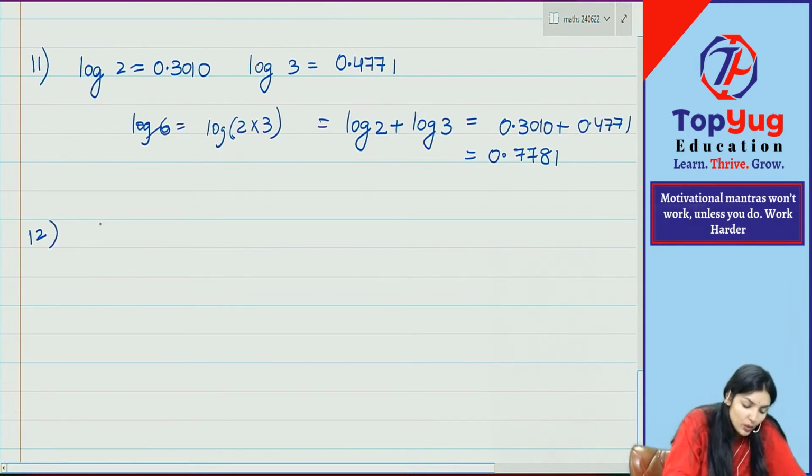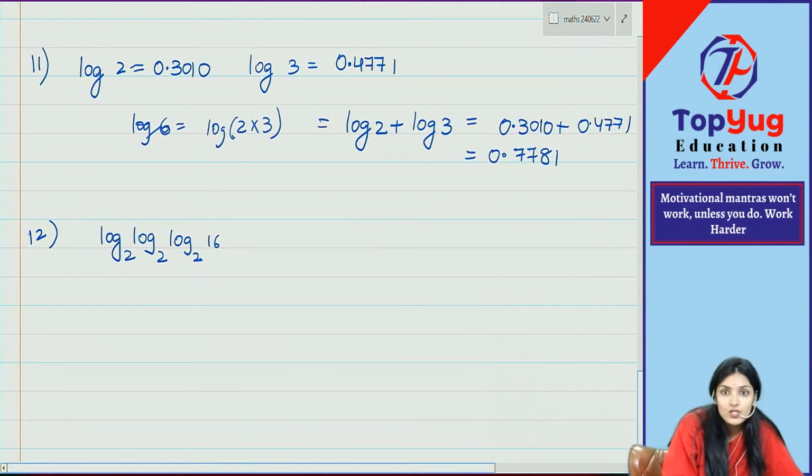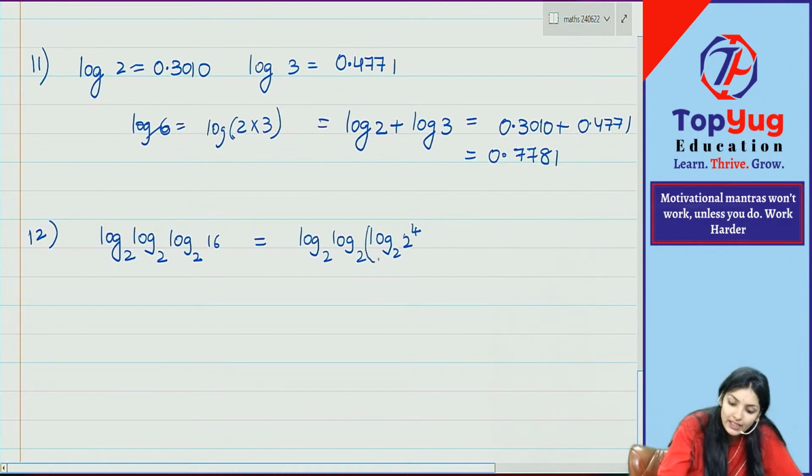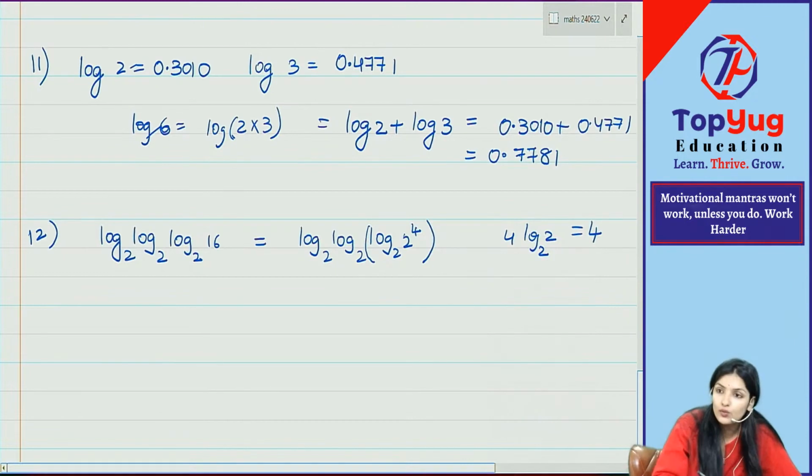Now 12th one: value of log 16 to the base 2, to the base 2, and to the base 4. So we have to go backwards. I'll write log. 16 I can write as 2 to the power 4. Right? So this part I consider as the first part. So can I put 4 that side? And if I put 4 that side, I can write log 2 to the base 2, so the answer is 4.